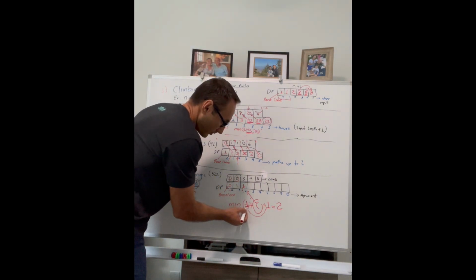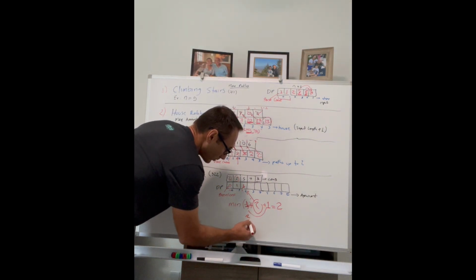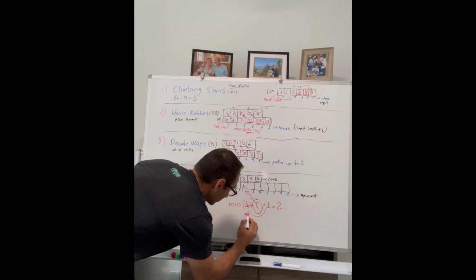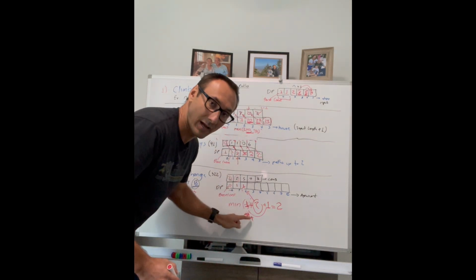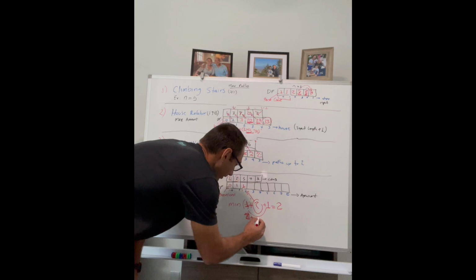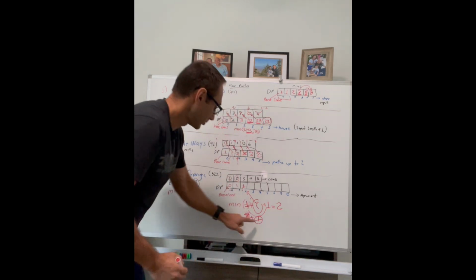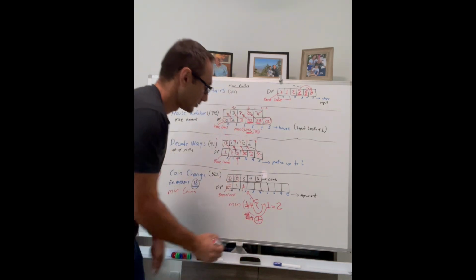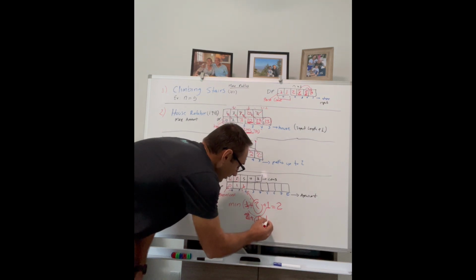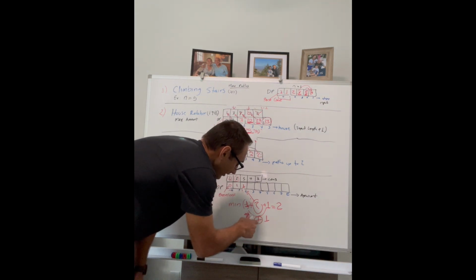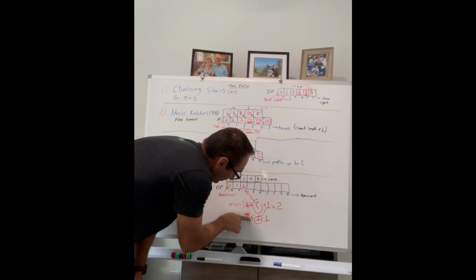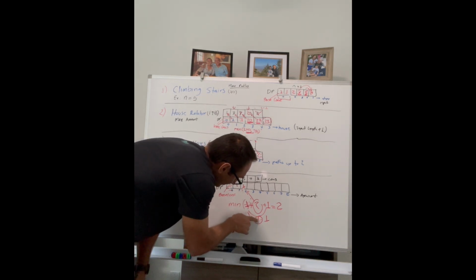And so now let's move to the number 2. So how much do I have left? 1. The solution for 1 is 1, right? So here, this is important. This is not a plus, this is a 1.